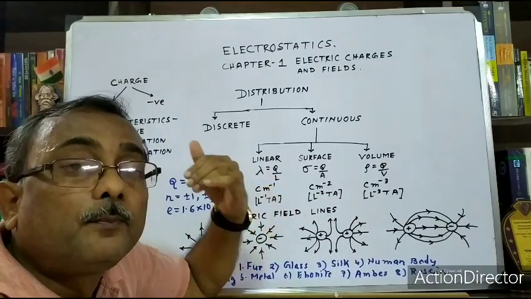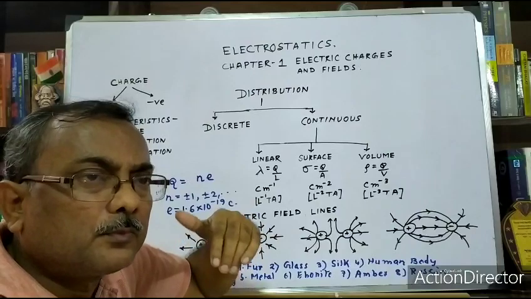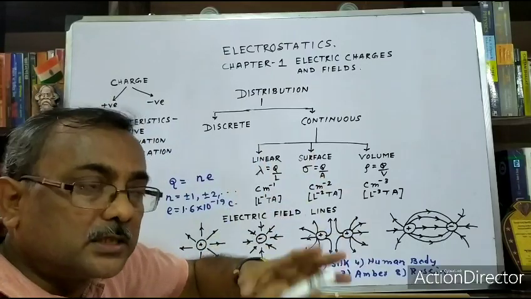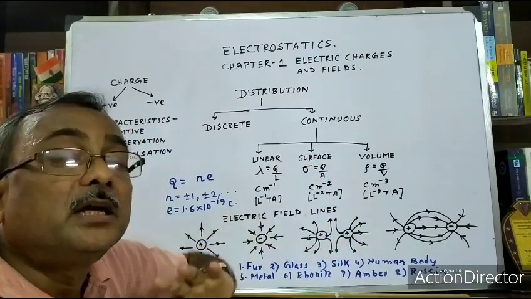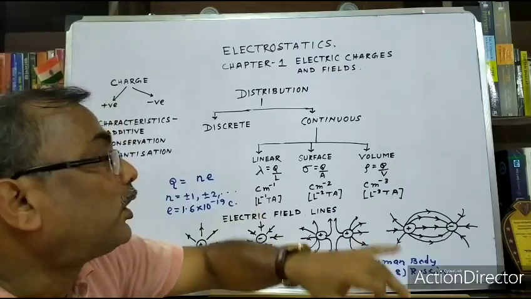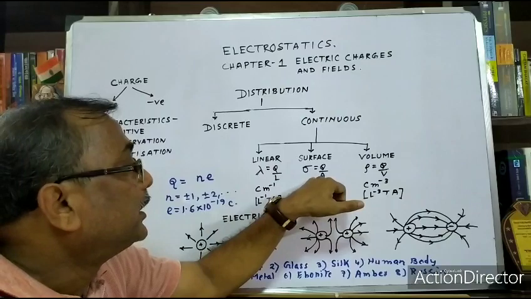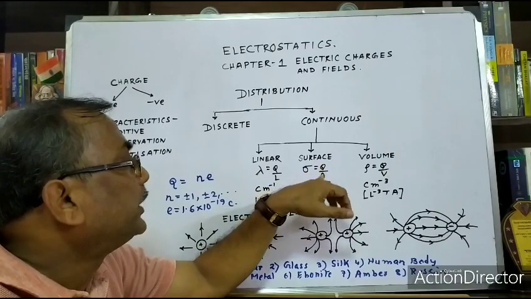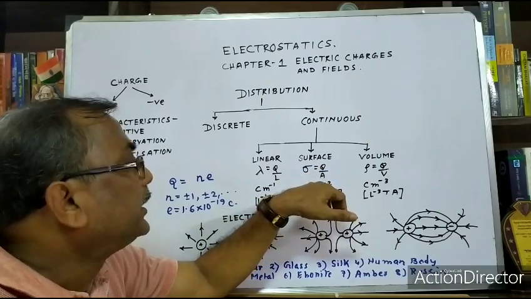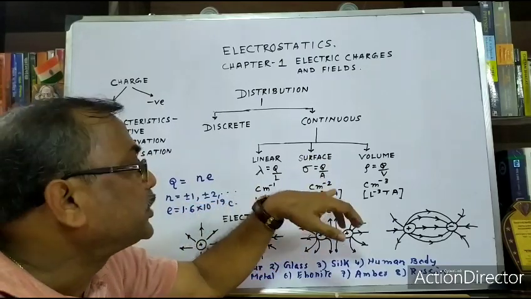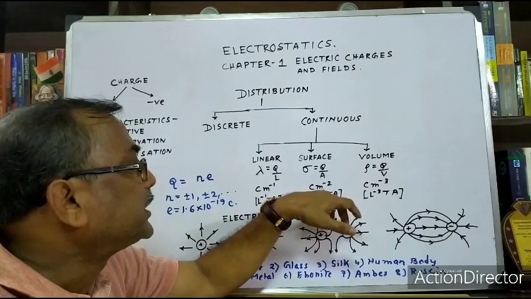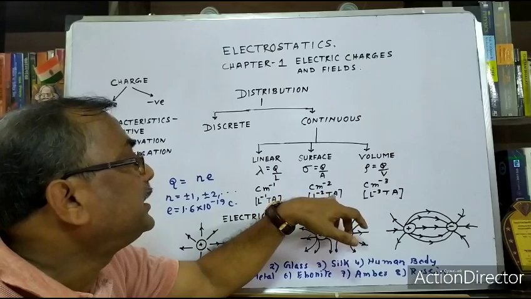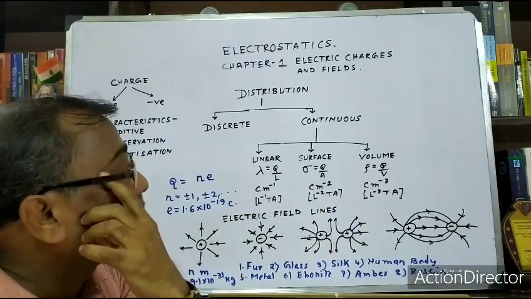When charge is given to a sheet, for example a sheet of area A, and if Q amount of charge is distributed uniformly, then the charge per unit area of the sheet will remain constant, and this is called surface charge density: sigma equals Q by A. In the same way, its unit is coulomb per meter squared, since Q is in coulomb and area is in meter squared, and its dimension is L^-2 TA. So this is the dimension of surface charge density.